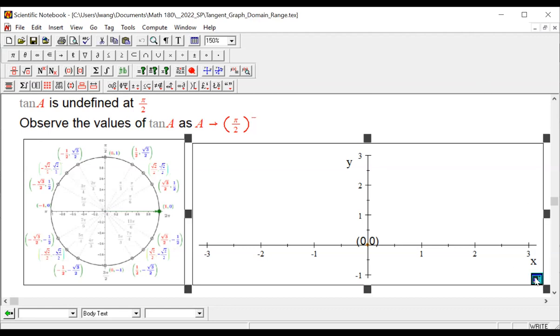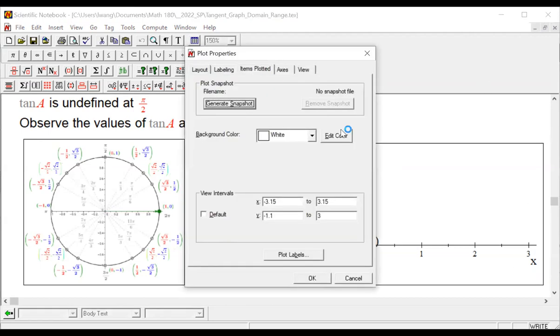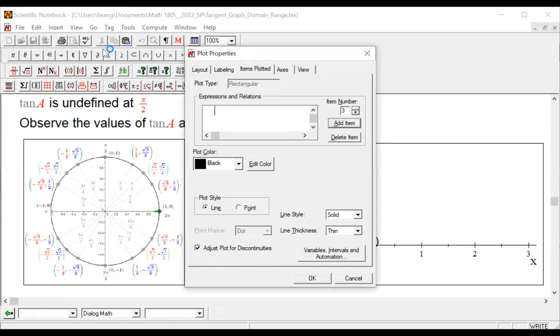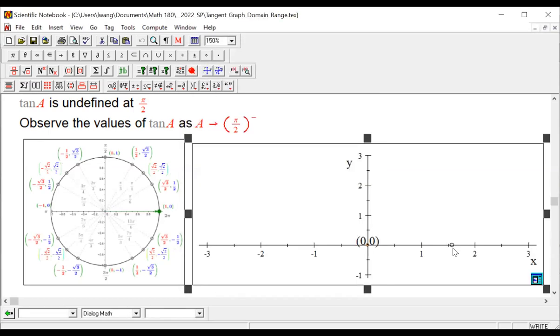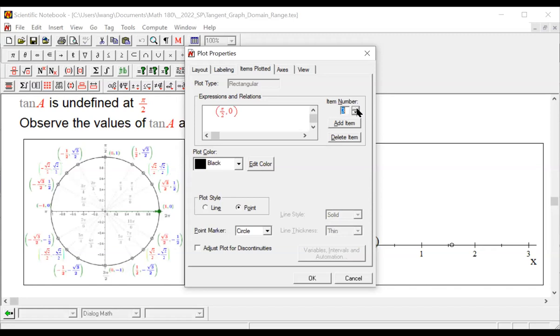suppose that we have the point pi over 2. I'm going to mark the point pi over 2. We know that tangent cannot take that input, so I'm going to put a circle over there, a red circle.